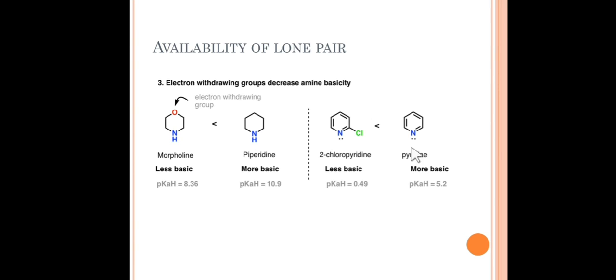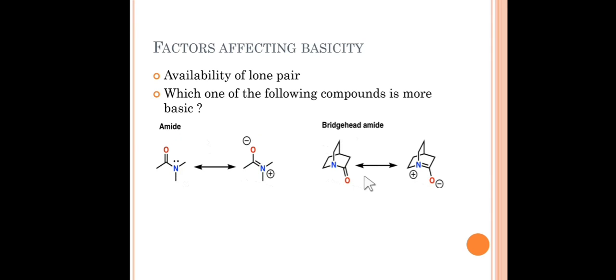But if we consider these two examples, 2-chloropyridine and pyridine, this Cl group, which is an electron withdrawing group having minus I effect, decreases the availability of the lone pair on the nitrogen, and hence 2-chloropyridine is less basic than pyridine. So friends, this is how the availability of the lone pair affects the strength.